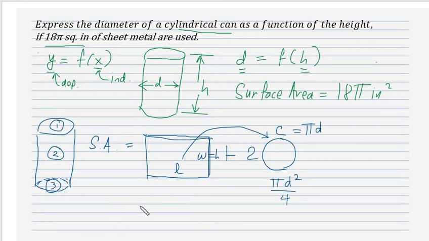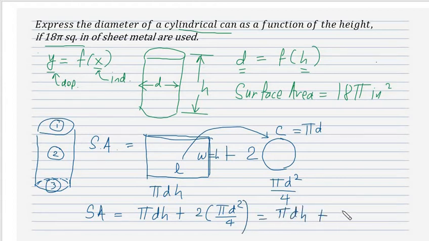So the formula for the surface area of that particular part of the cylindrical can is equal to pi d, which is the length, times height. So surface area is equal to pi d h plus 2 times pi d squared over 4. So pi d h plus pi d squared over 2.